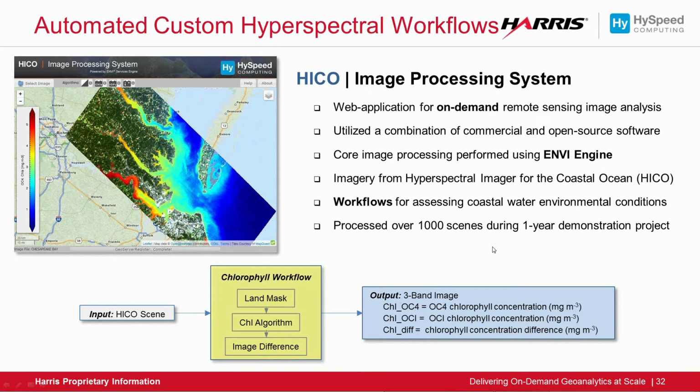We then use a very common algorithm in the ocean sciences community called the OC4 algorithm for deriving chlorophyll from CWIFS data. We then ultimately take that output, apply a color scale to it, and through GeoServices, then display that back to the user interface. And then there's a small collection of other similar workflows in this application.